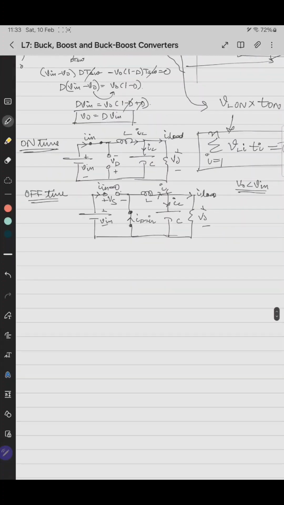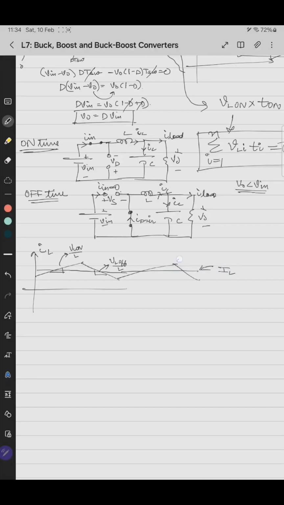So you can also write it like this. This is IL. So this rising slope equals VL on by L, and this falling slope is given by VL off by L. This is the average value of the inductor current.